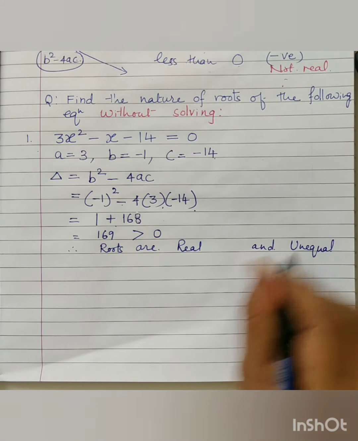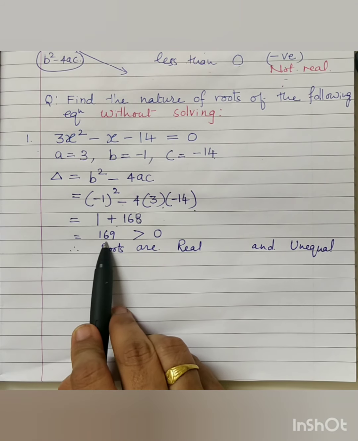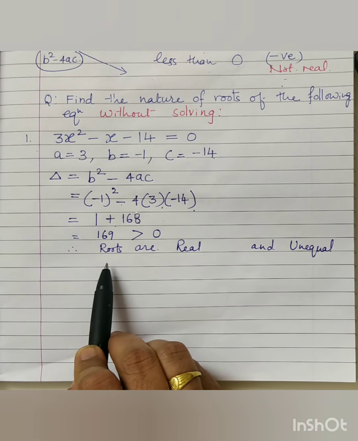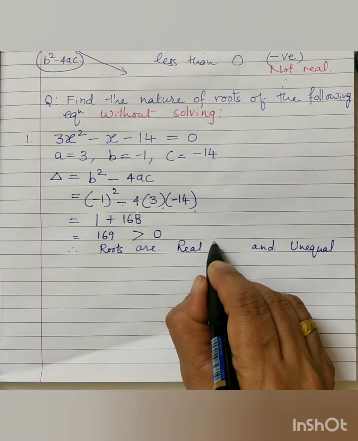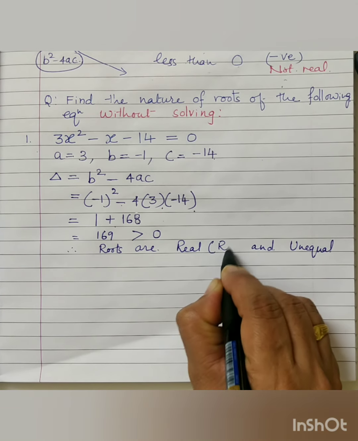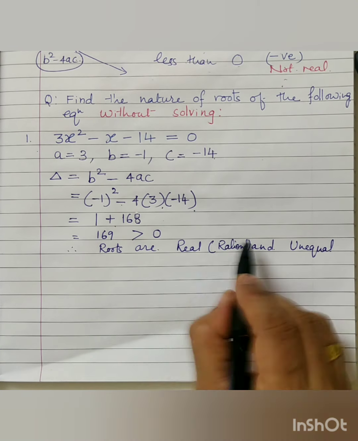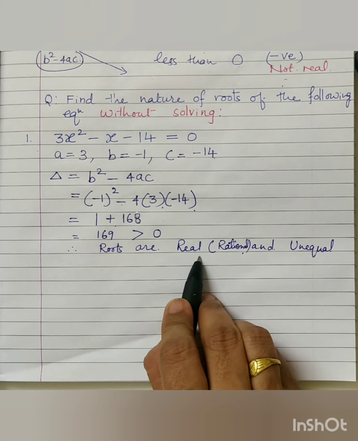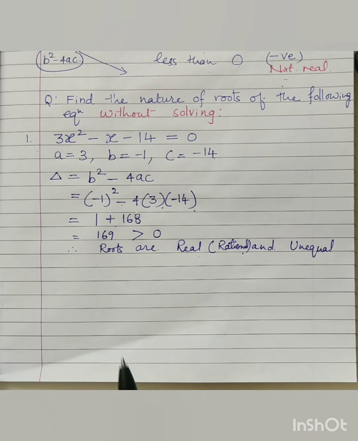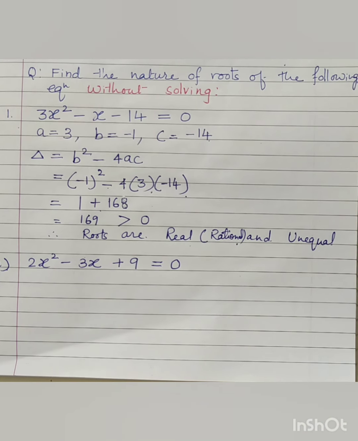Also, you can observe, I have left space here, 169 is a perfect square number. So, real, in that real what will it be? Rational. Okay, roots are real and unequal. Got it? Only that much you have to do. Yes, see the next example now.